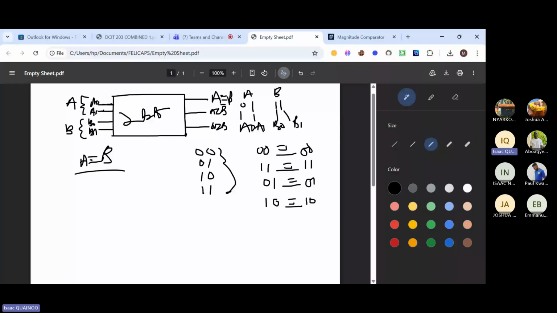Now, let's make the deduction. We can deduce that this is equal when 00 equals 00. For the first 00, this is our first 2-bit number, which is our A. Everything on the left represents our A, and everything on the right represents our B. So for A equal to 00, how do you express that in terms of A?